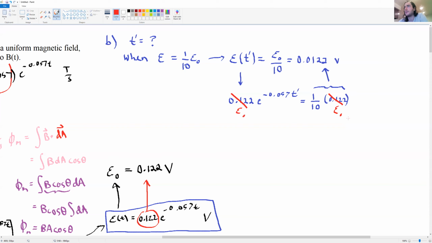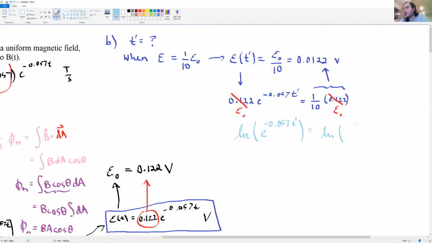So I can log both sides. Natural log of this exponential. Feel free to work ahead at this stage. It's just algebra, right? So if you're comfortable with this, go ahead and work ahead. Oh, whoops, I forgot to put the natural log.